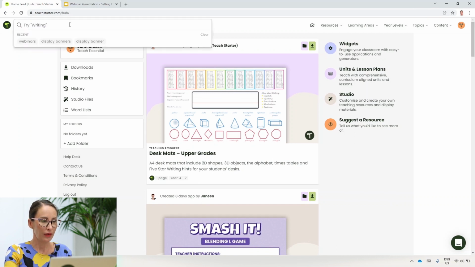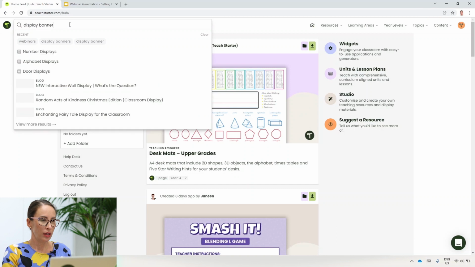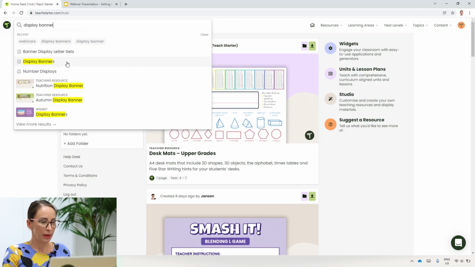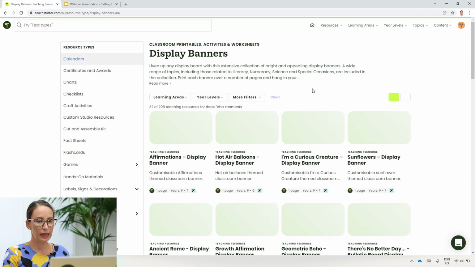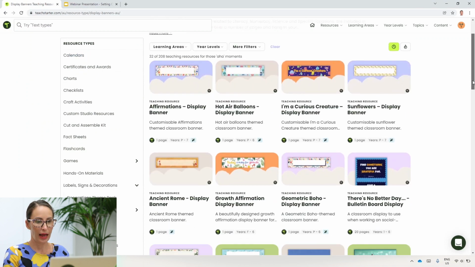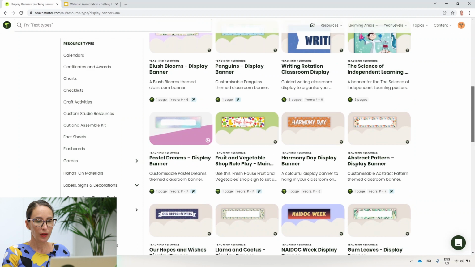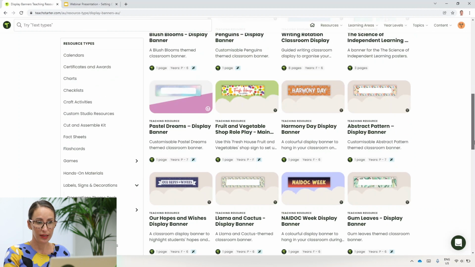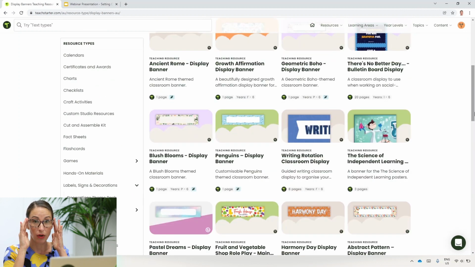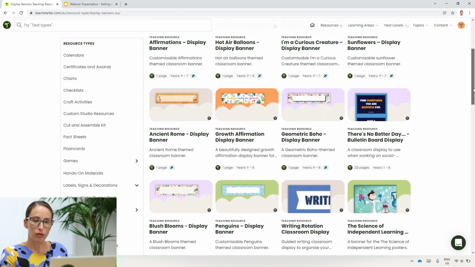If I just search here, display banners, you'll see all of the different banners that we have available. There are some that already have the words in them, and some where you can actually write in your words, whether you want to create a banner that says wow work, or perhaps it's your English display board and you want to put a banner up. You can go in and use one of our banners and write in those headings.